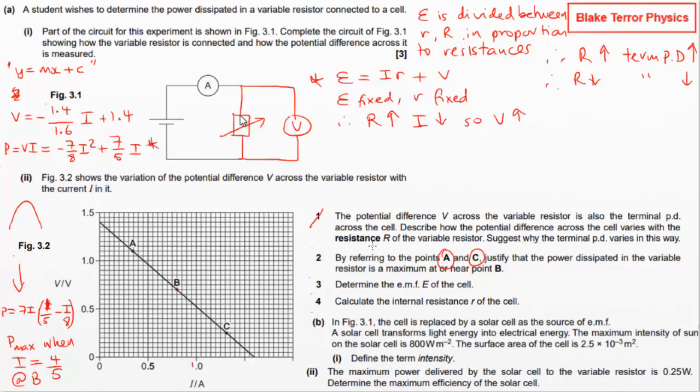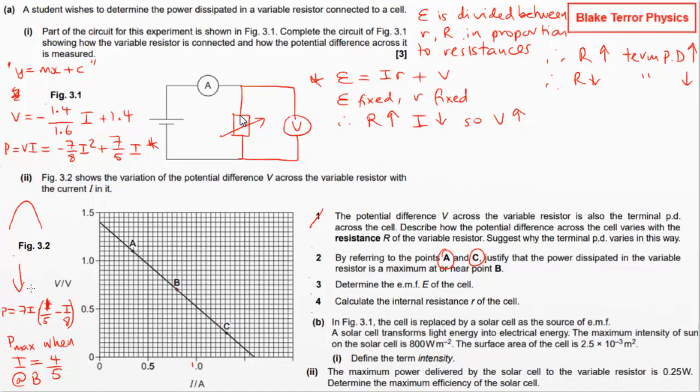So maybe by referring to these points A and C, they want you to work out the power at A and the power at C and say that B is going to be somewhere in the middle. But that's just a stupid question. I don't see that it's going to be any better than this. This is the way to go about it as far as I'm concerned. So I don't really know what they want in terms of referring to A and C.